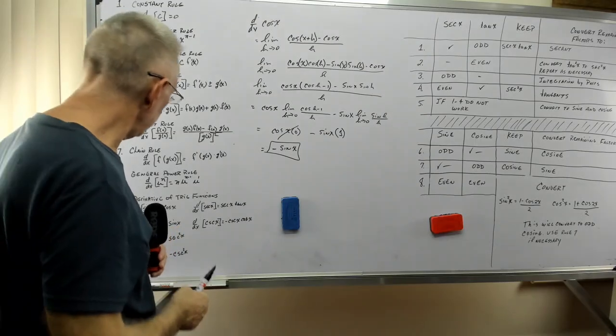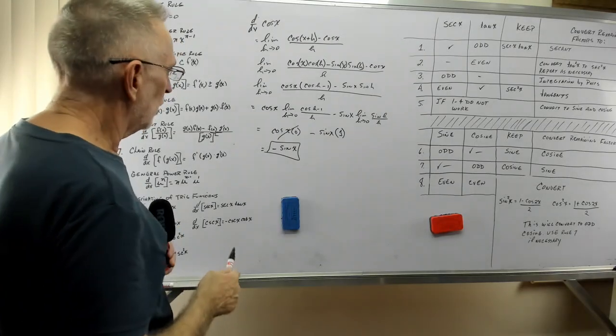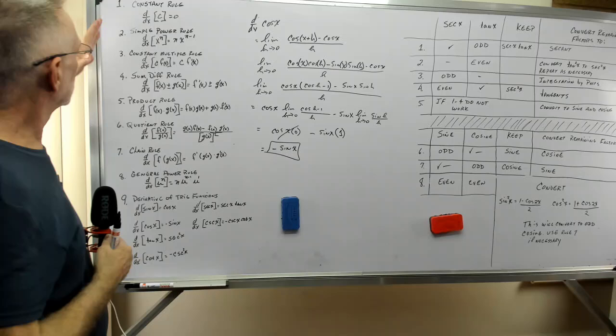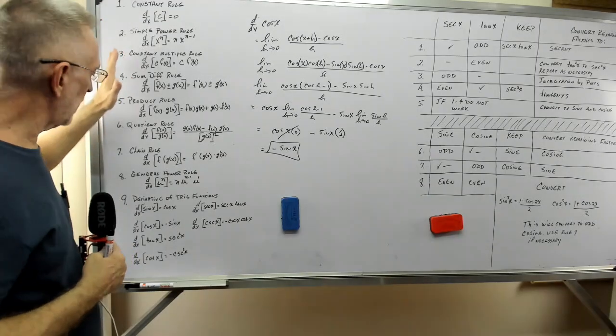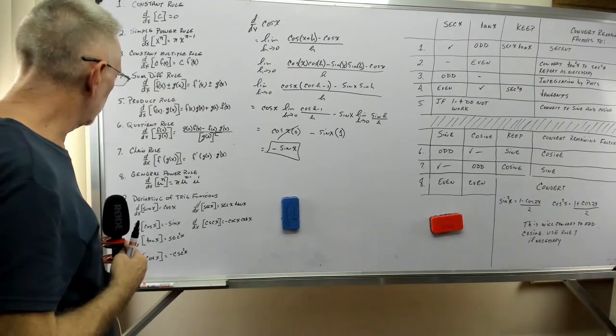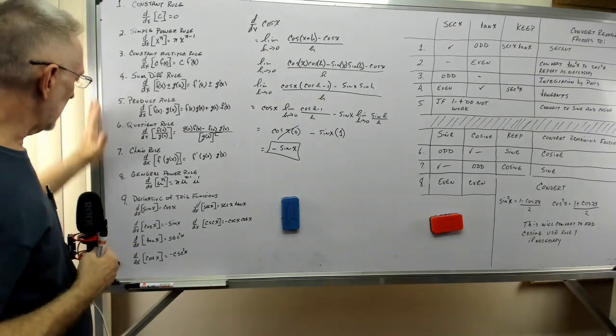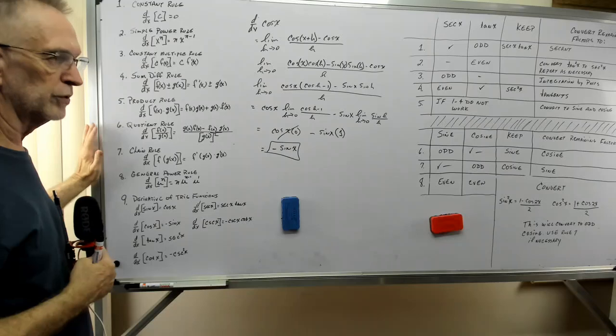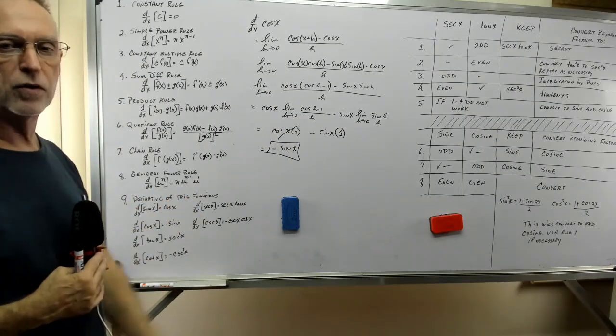All right, well, that's all for now. Commit these to memory. Work as many problems as you can. Ping me if you need more examples, and we'll work through those. But commit these 9 rules to your memory and learn them very well.